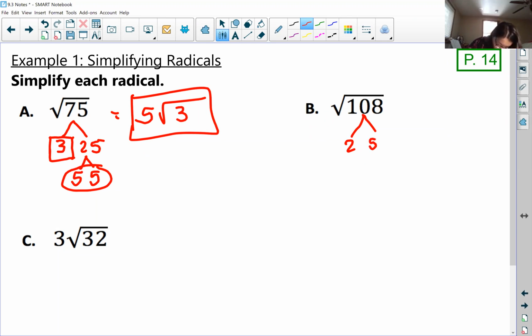And 2 times 54. 54 is even, so 2 is a factor. 27 is not even, but if I add 2 plus 7, I get 9. 9 is divisible by 3, so that means 27 is going to be divisible by 3, and 27 divided by 3 is 9. And 9 is divisible by 3, and it's 3 times 3.